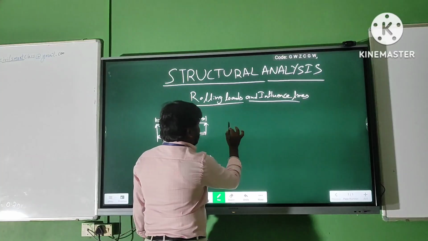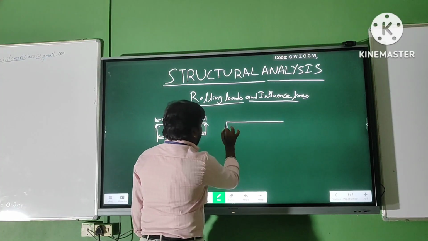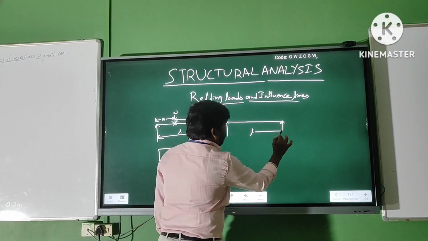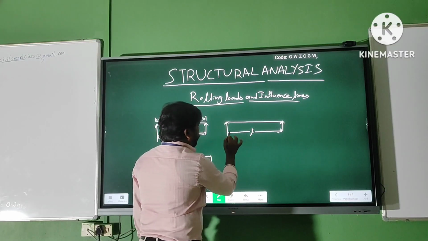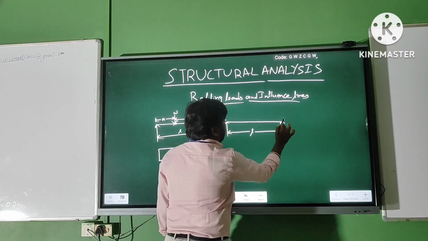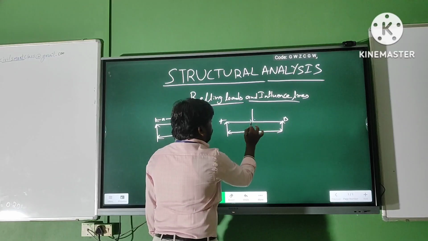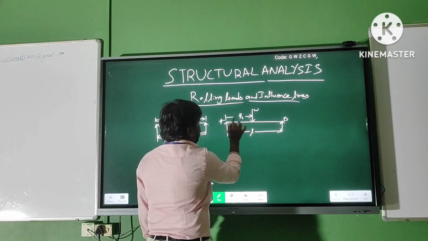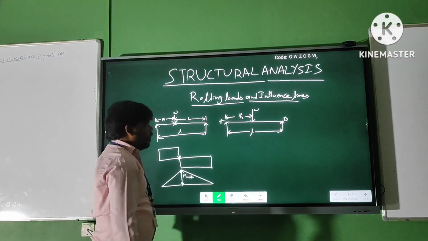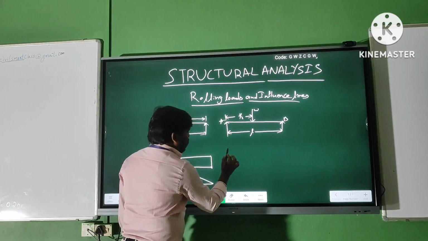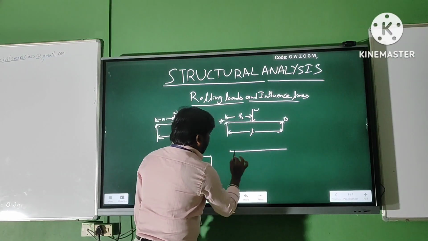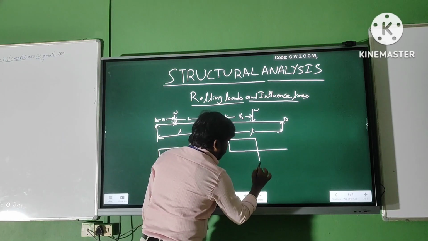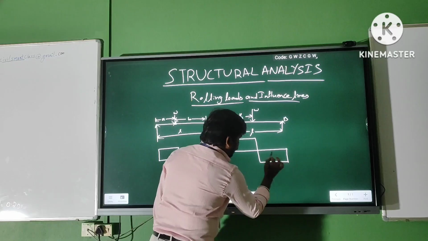Likewise, consider a concentrated load at the center of the beam, say a beam of span L carrying a concentrated load at half of the span, L by 2 from point A. Here we have zero shear right under the point of loading.